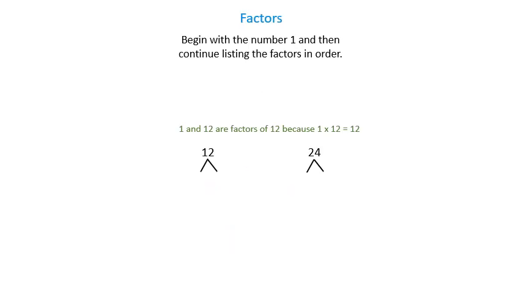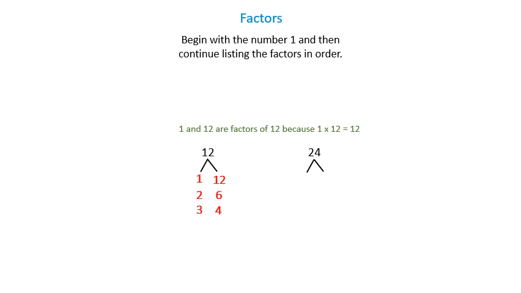Whenever I'm looking for the factors of a number, I always begin with the number 1 and then continue listing the factors in order. 1 and 12 are factors of 12 because 1 times 12 equals 12. The other factors of 12 are 2 and 6, 3 and 4, and I believe that's it.